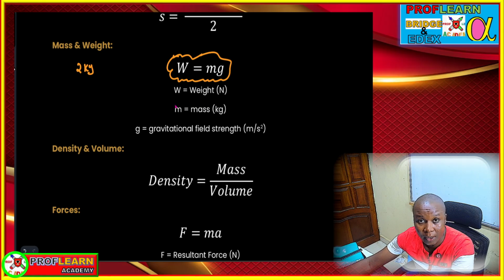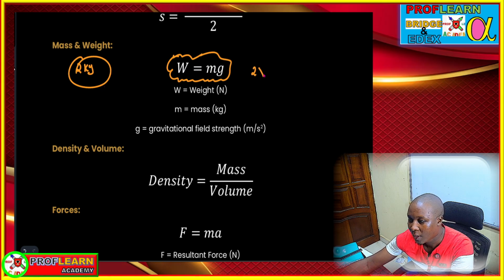You check in your paper, g is provided, so you can use it. If you have the mass in kilograms, you substitute: 2 times, if g is 10, that is 20 newtons as the weight.